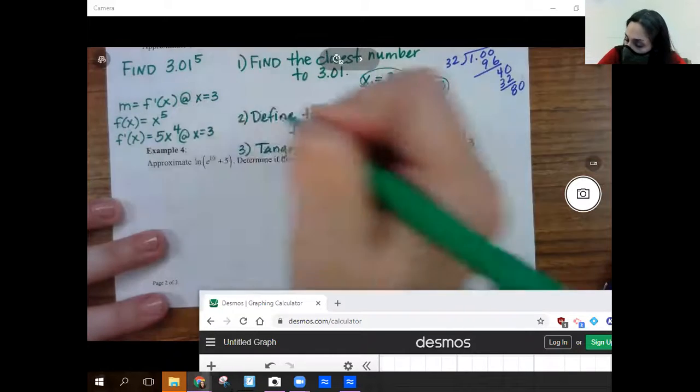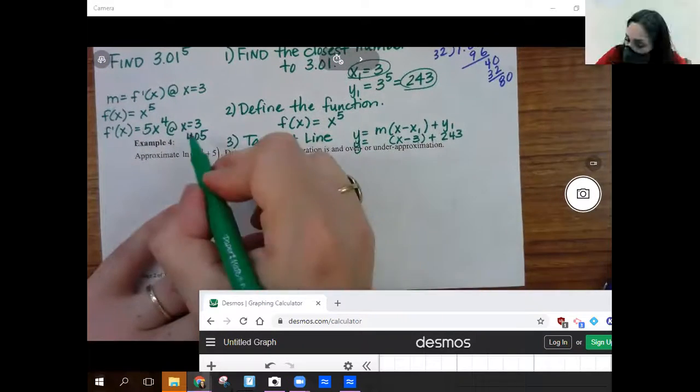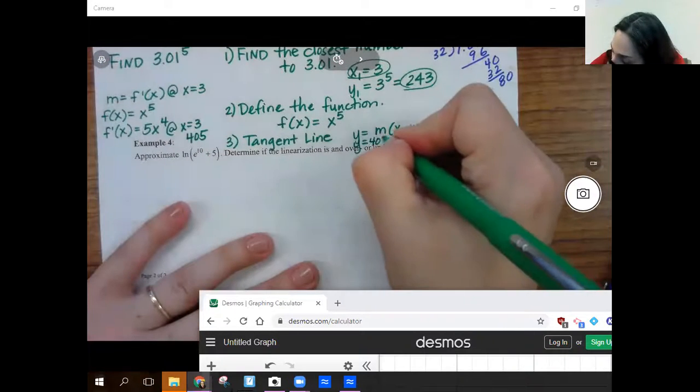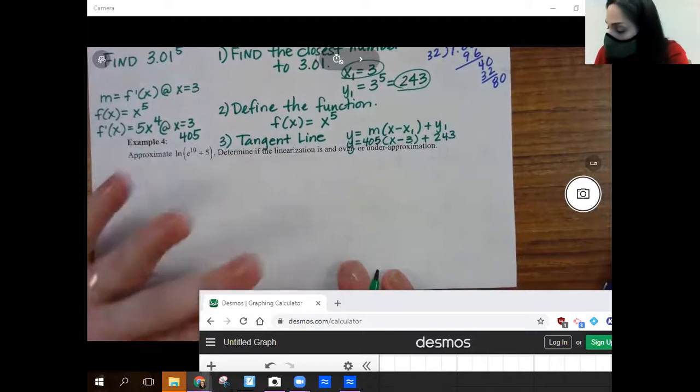Yeah, good. So 405 goes in here for the slope. So you're looking at this and you're like, I don't know, these are getting big, but that's okay.